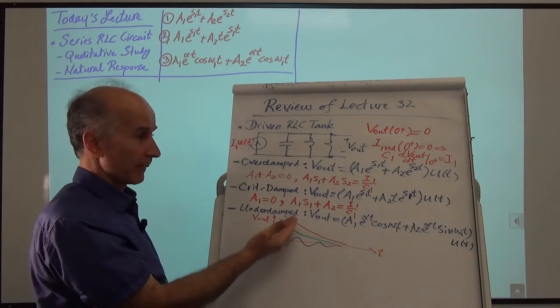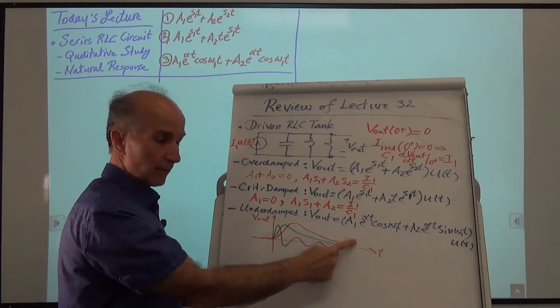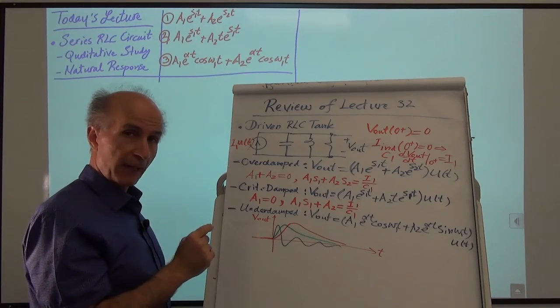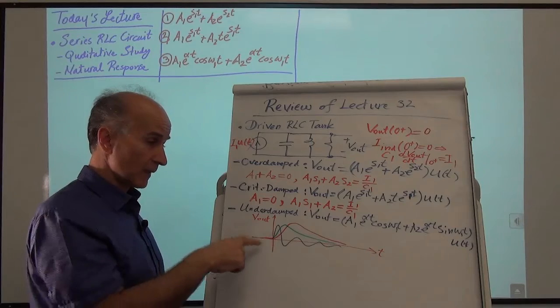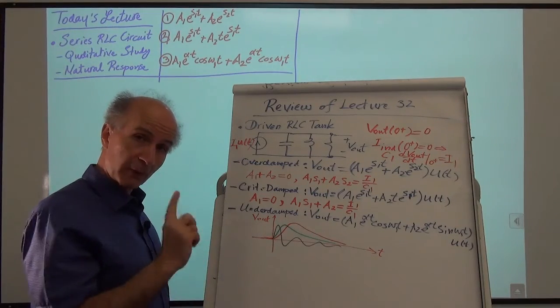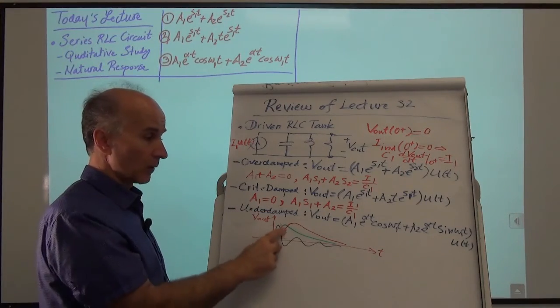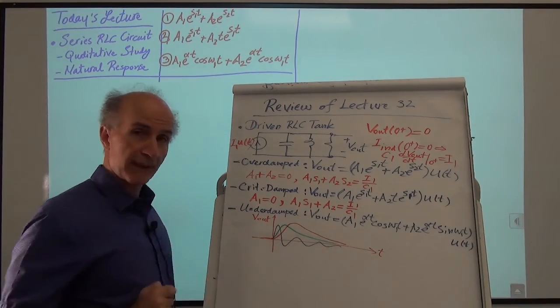If we have, for example, an overdamped response, it's going to go like this and gradually come back to 0. If we have a critically damped response, it goes faster and settles faster, optimally. And then if we have an underdamped response, it will go and ring for a while before it settles.